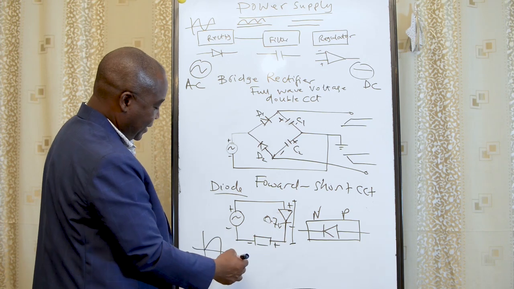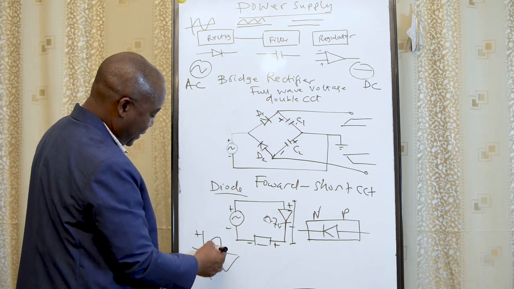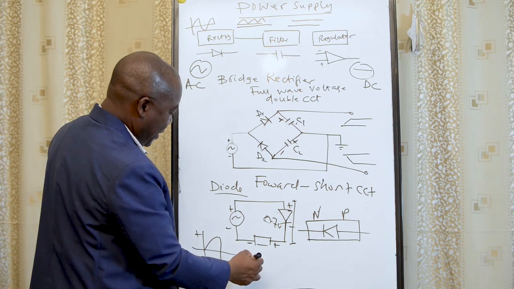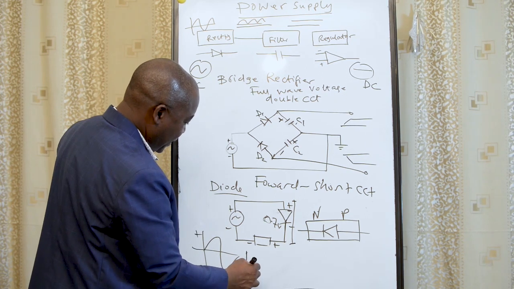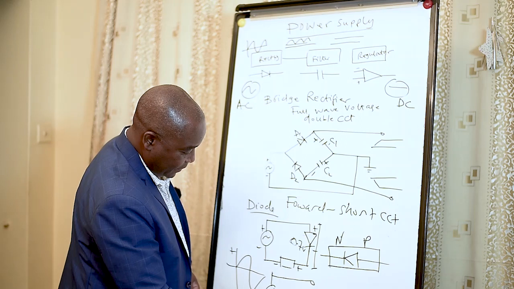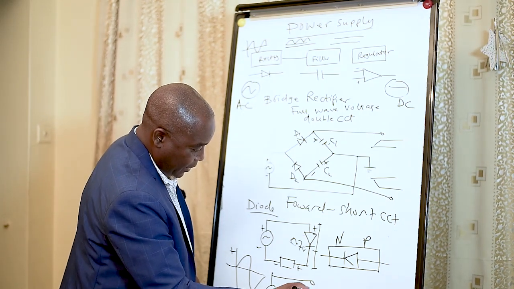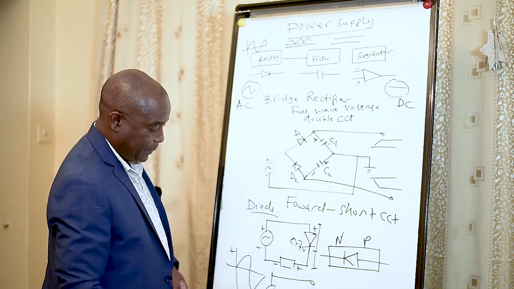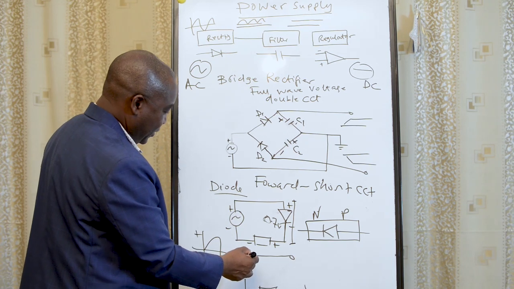But in reverse, when the sine wave is in the reverse direction, this is positive and negative, the diode will tend to be like an open circuit. It will be open circuit, so there will be no flow of voltage at the end.